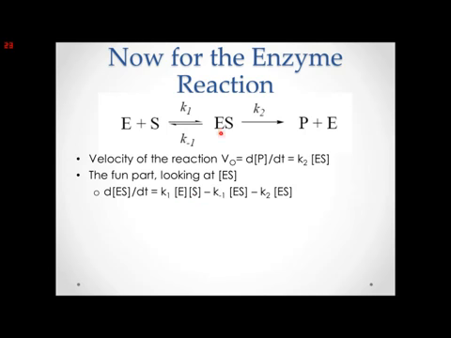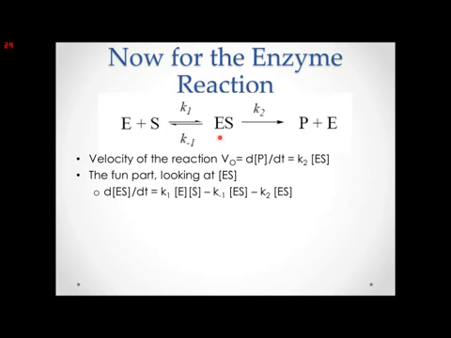Now going away from ES, we have this reaction and we have this reaction. So if we subtract, going this way first, K minus 1, and we have ES as a precursor now because it's going in this direction, so minus K minus 1 times ES.